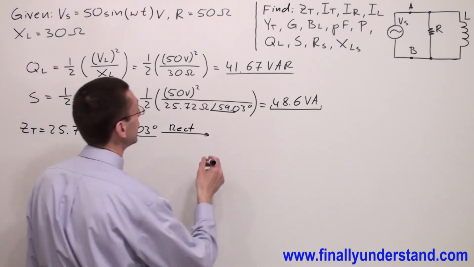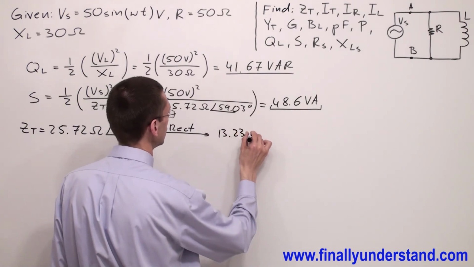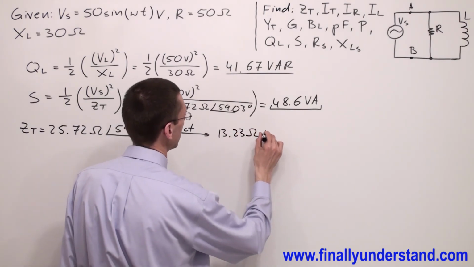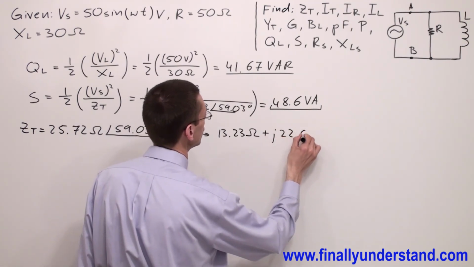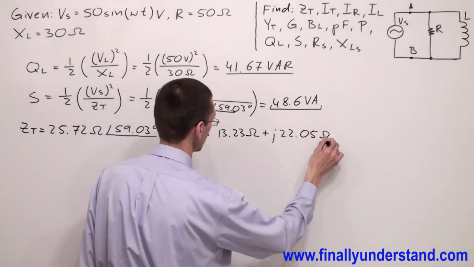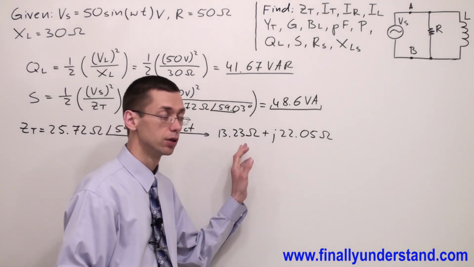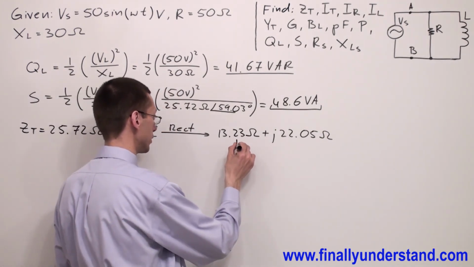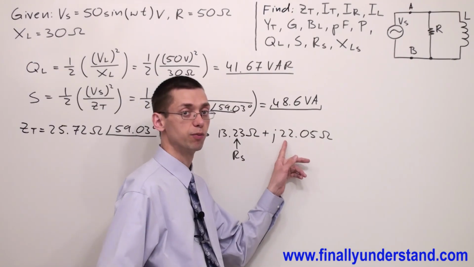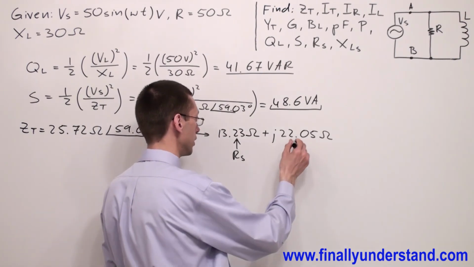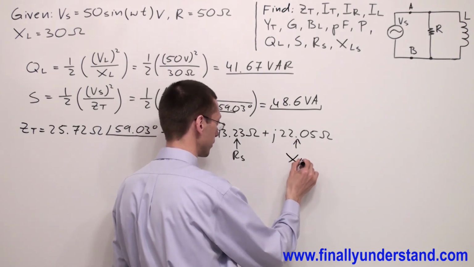You're supposed to obtain 13.23 ohms plus J 22.05 ohms, where the real part of my answer represents the resistance RS, and the imaginary part represents the inductive reactance X of L S.